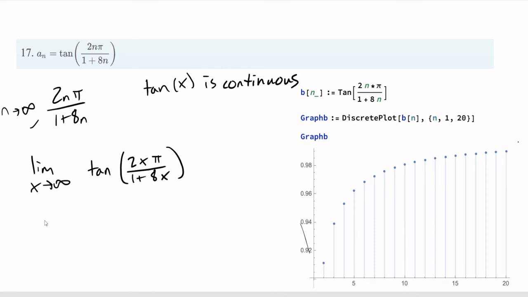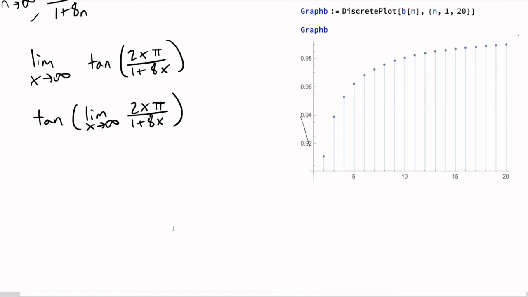What we end up being able to do is pass the limit through the function. This is another one of our Calc 1 limit rules. We can pass the limit through certain functions and just focus on the limit inside. Now, this limit inside is just a rational function again.